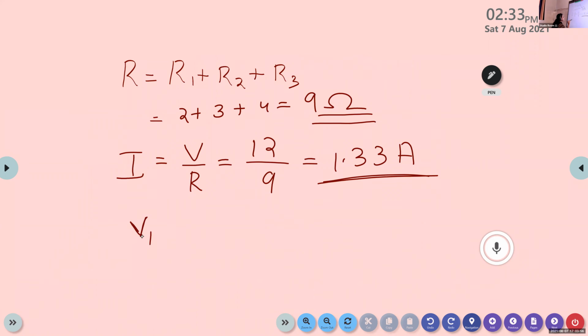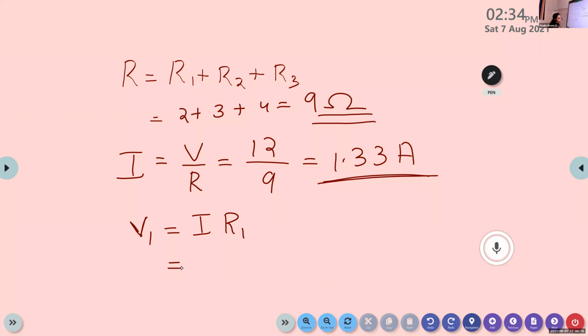What is the equation for calculating V1? How can we calculate the potential difference through the resistor R1? Ma'am, IR1. Yes, V1 is equal to IR1.